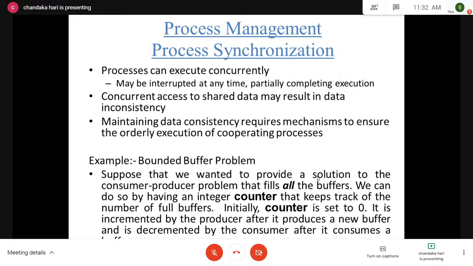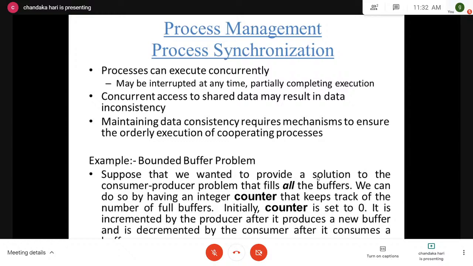In order to overcome this inconsistent state, in order to maintain data consistency, we require some mechanisms to ensure the orderly execution of events. That is called process synchronization.